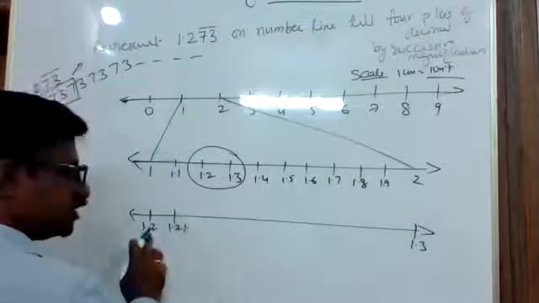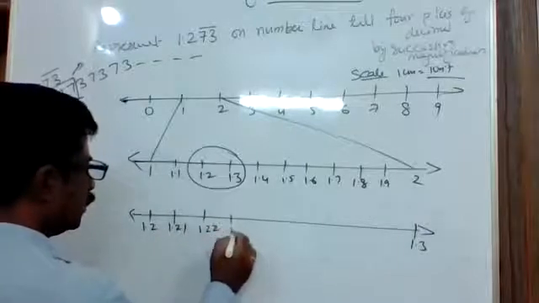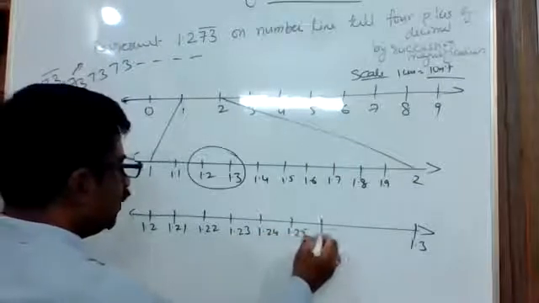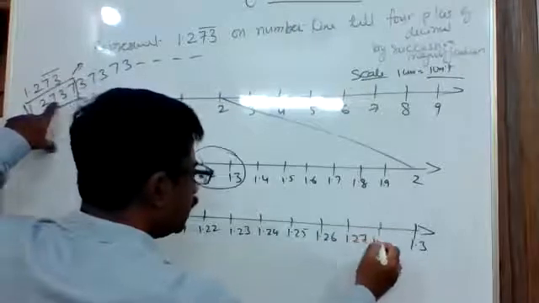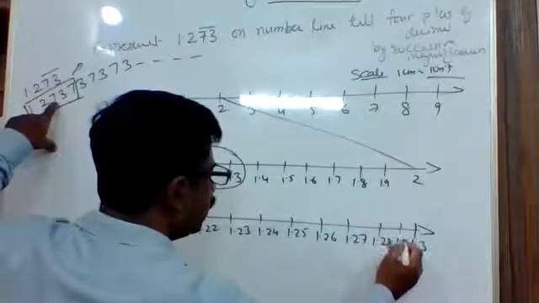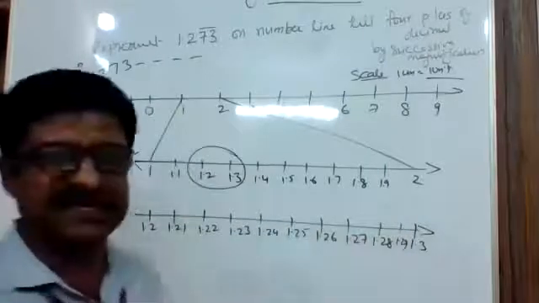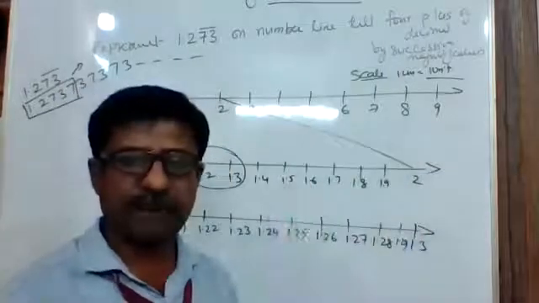If it is 1.2, that means 1.20, 21, 22, 23, 24, 25, 26, 27, 28, and this is 1.29. Make sure everywhere there should be equal space as well as arrows indicated everywhere.